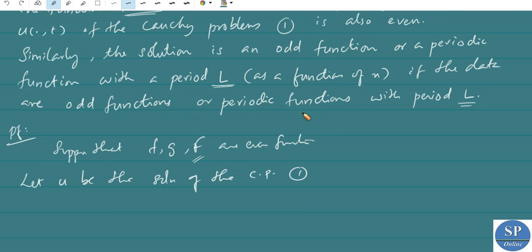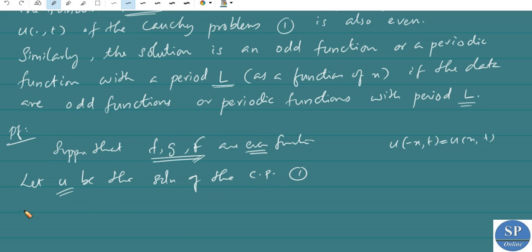We have to prove that u is also an even function with respect to x, that is, we need to prove that u of minus x, t is equal to u of x, t. So we assume that f, g and capital F are even functions, and let u be the solution of the Cauchy problem 1.